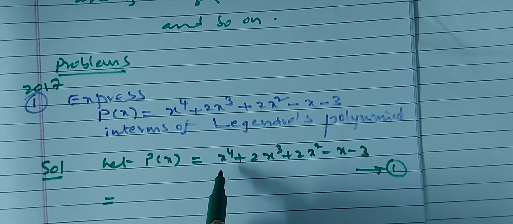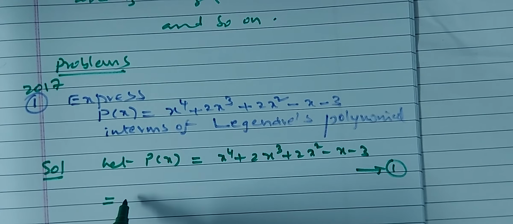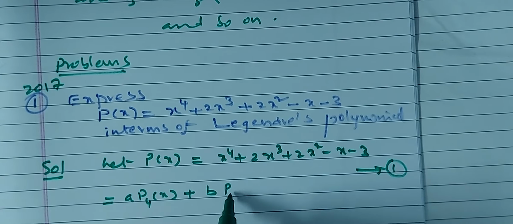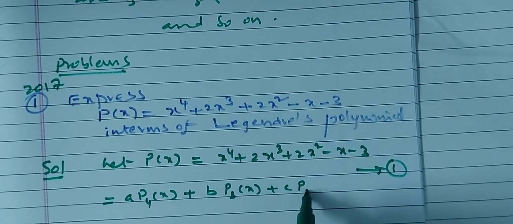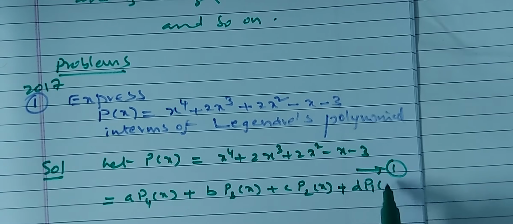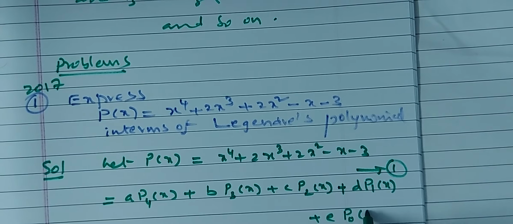For x power 4, we write in terms of the polynomials with some constants: a P4 of x plus b P3 of x plus c P2 of x plus d P1 of x plus e P0 of x.